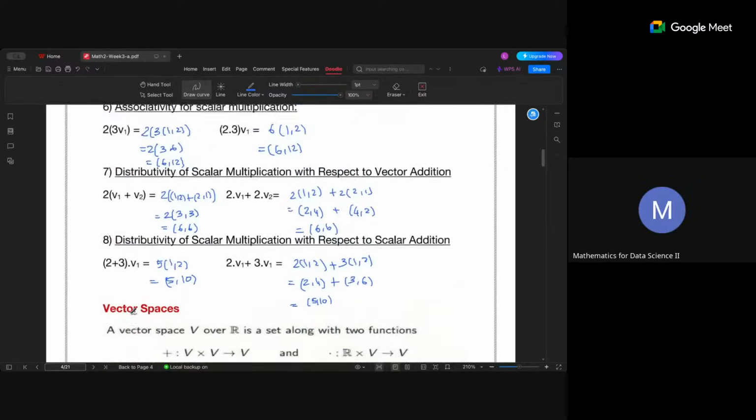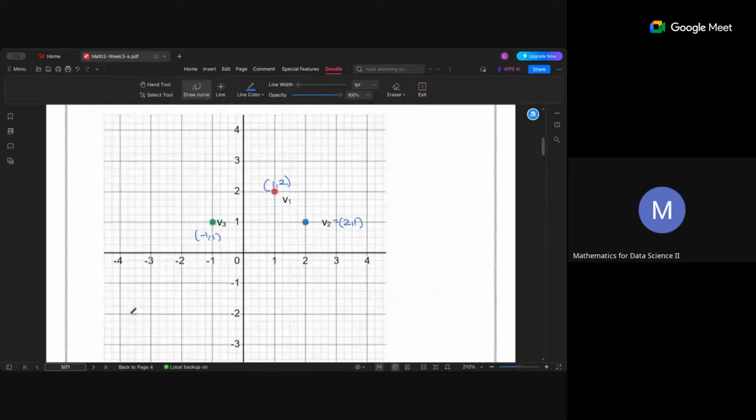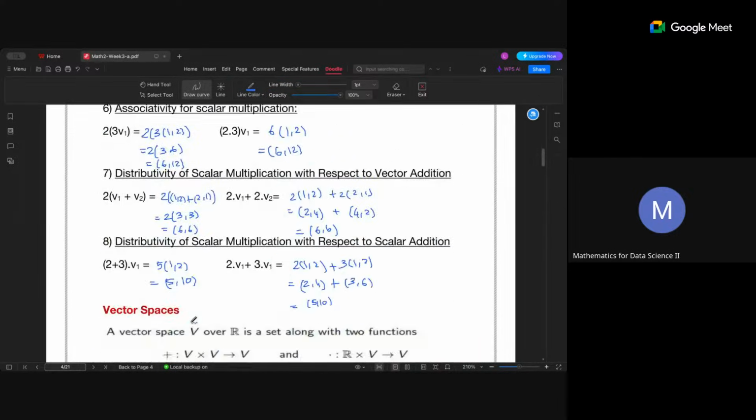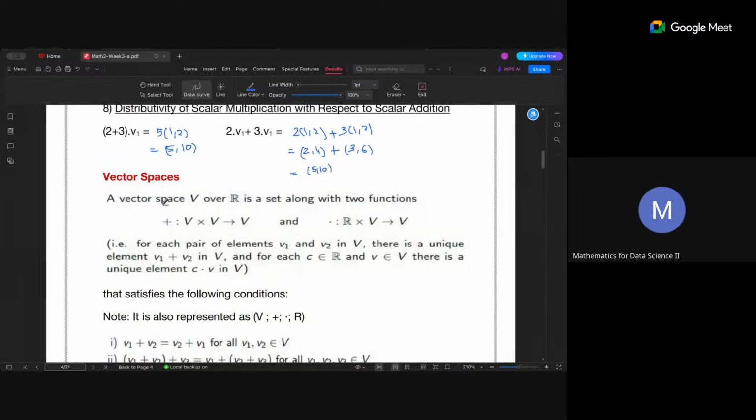Okay. So you see that these are some properties which we can see in the plane. So now we will formally define what vector spaces are. A vector space V over R is a set along with two functions. What are the two functions? First one is the addition.